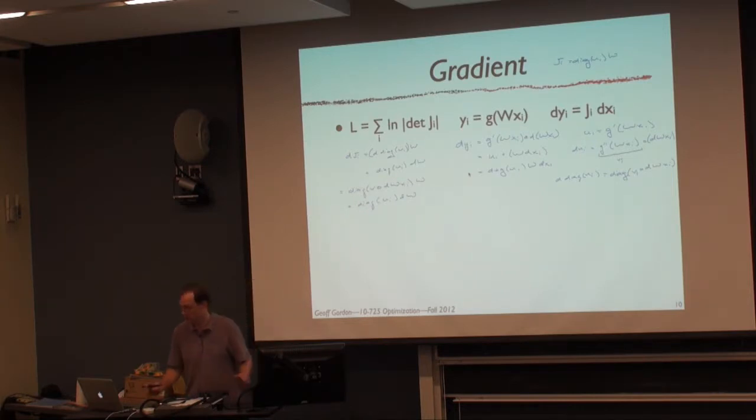Yes? Could you specify again why you were able to change the u_i Hadamard product in the second column? This one right here. How were you able to justify it becoming a diagonal? Oh, I see. So u_i Hadamard product with a vector. The Hadamard product is the component-wise product of two vectors.